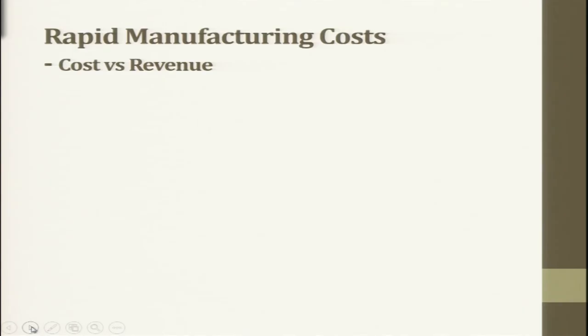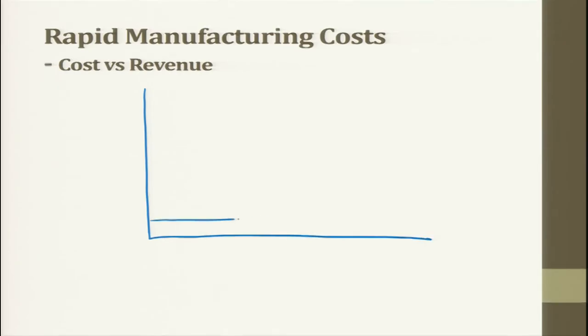Now, cost versus revenue. In general and traditional manufacturing, it is something like this. We have fixed cost here. This is fixed cost, that is fixed when we start. This is the total cost or revenue.